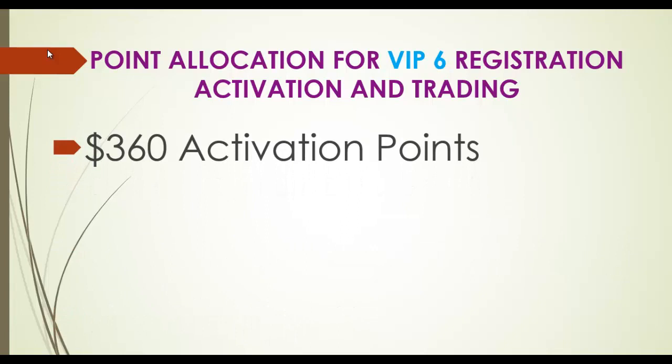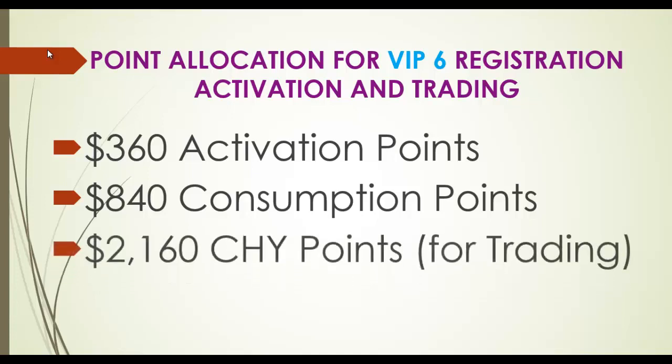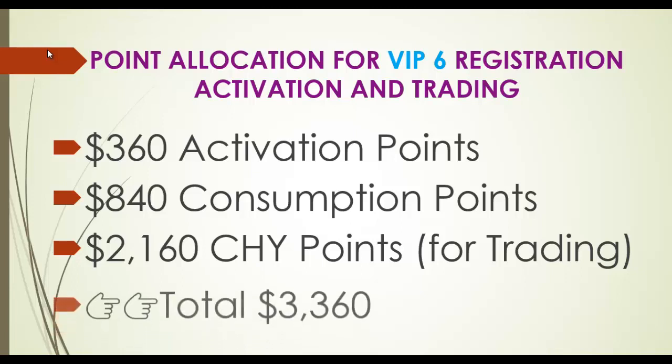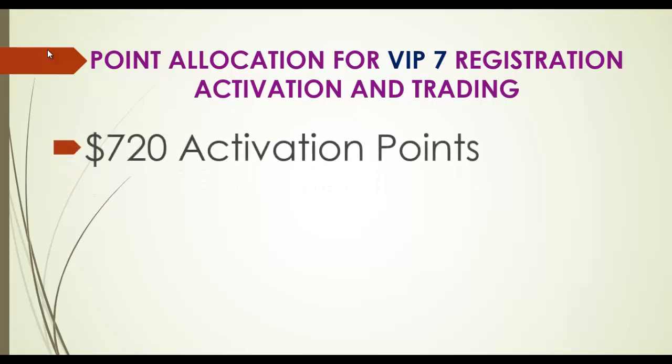For VIP6, you need 360 activation points and then 840 consumption points to activate a VIP6 account. Trading capital is 2160 CHY points for trading, and then the total is 3372. VIP7, you need $720 activation points.